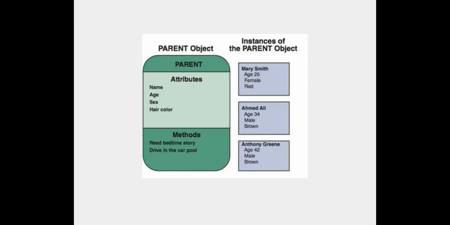For each of these, we can create instances which have different values for each of these attributes. For example, the name is Mary Smith, age will be 25, and a female with red colored hair, right? Instances means you assign the values to these objects.